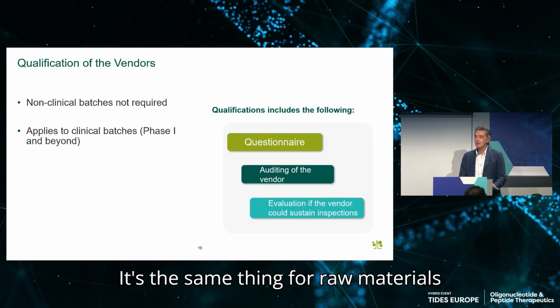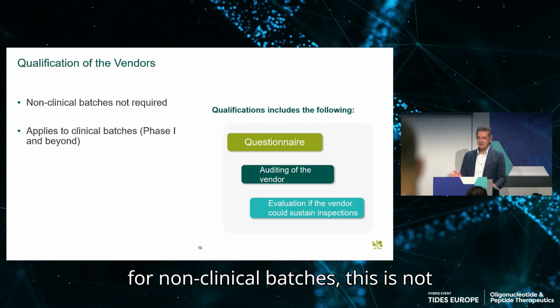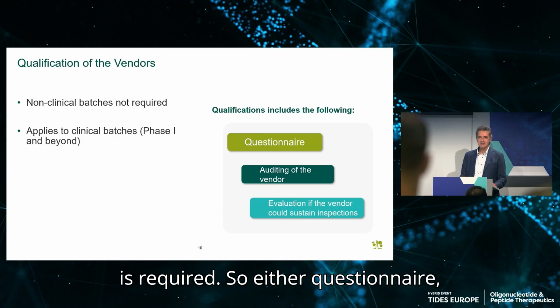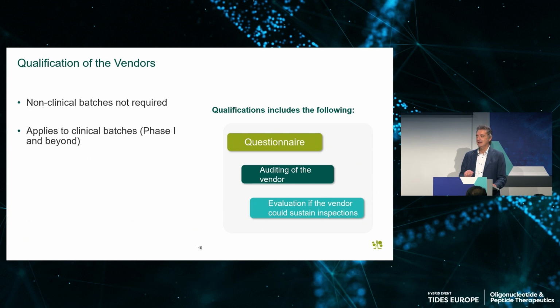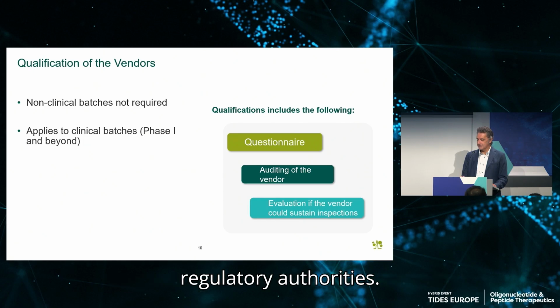It's the same thing for raw material suppliers. And again, for non-clinical batches, this is not required, but for clinical batches, it is required. So either questionnaire or audit, but you want to make sure that they could sustain an inspection by the regulatory authorities.